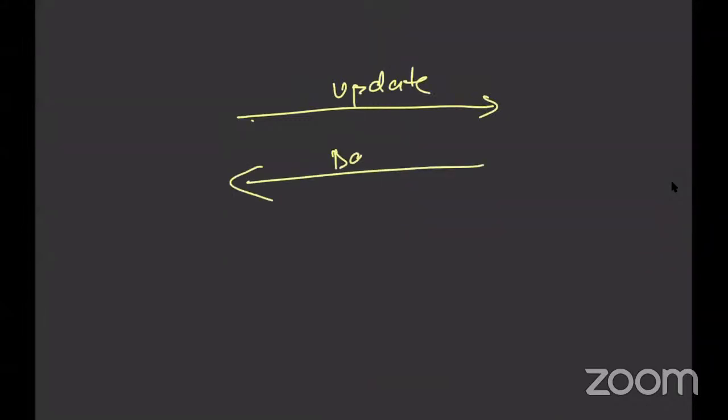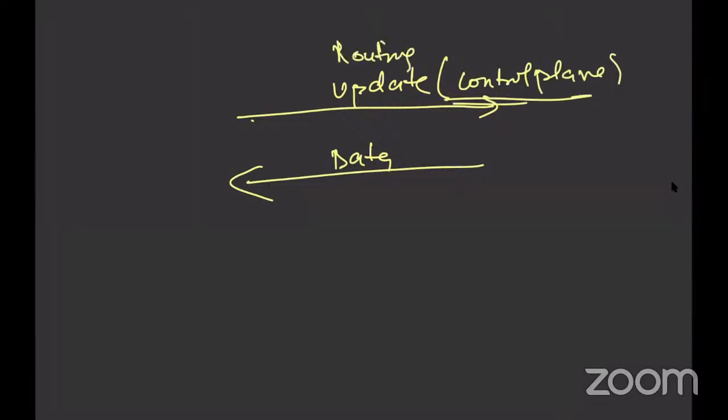Yes. So what is going to happen is, always remember, your update direction is opposite of your data traffic. The update is control plane. Update means routing update. Your data always flows in the different direction from which your update comes. So the direction in the route map is applied on the update, not on your data.